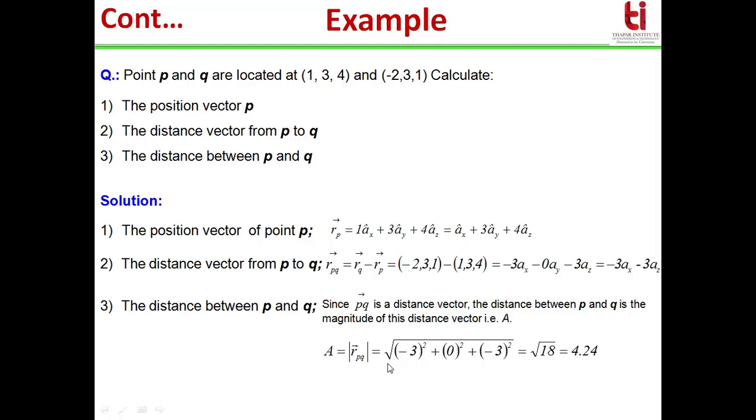So this can be solved: square root of (-3) squared plus 0 squared plus (-3) squared, because we have the x component with magnitude -3 and the z component with magnitude -3. We have a 0 component in the y direction. So after solving this, we will get 4.24. This is basically a scalar quantity and it is the distance between points P and Q. So thank you for watching this video.